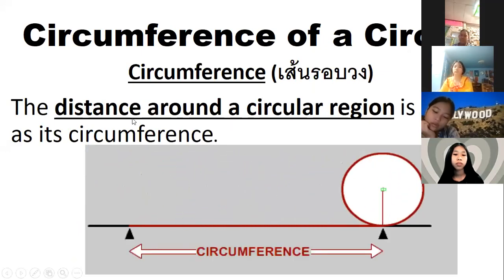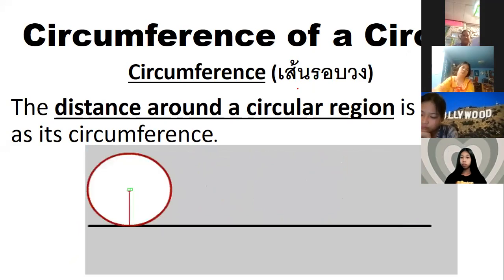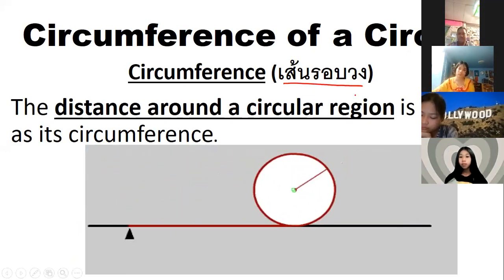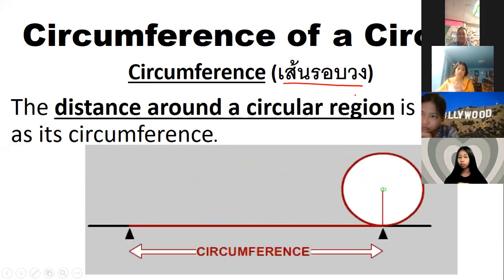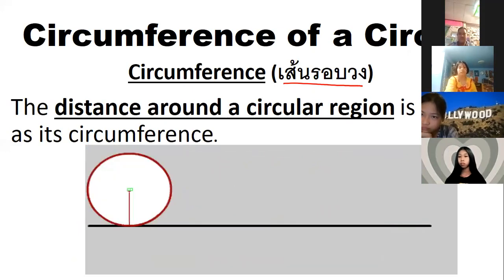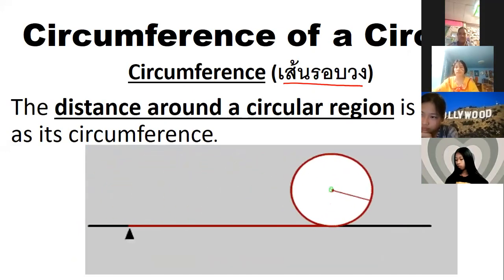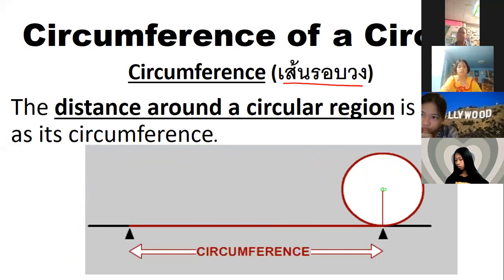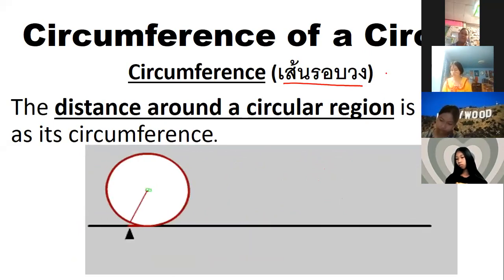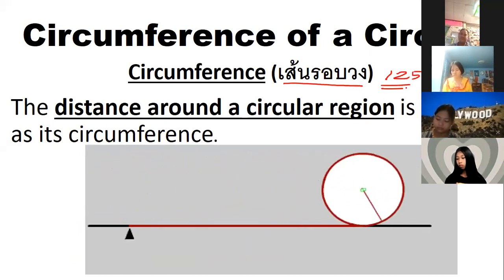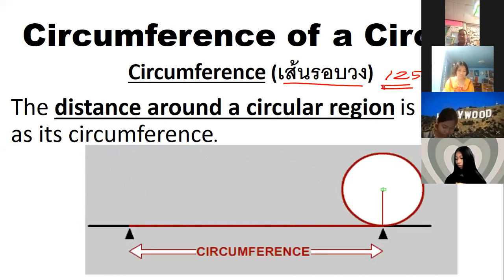That is our lesson for today. Circumference of a circle. Can you write this one? Is this correct? In your book, we are on page 125. You write that one because it will help you with your teacher.